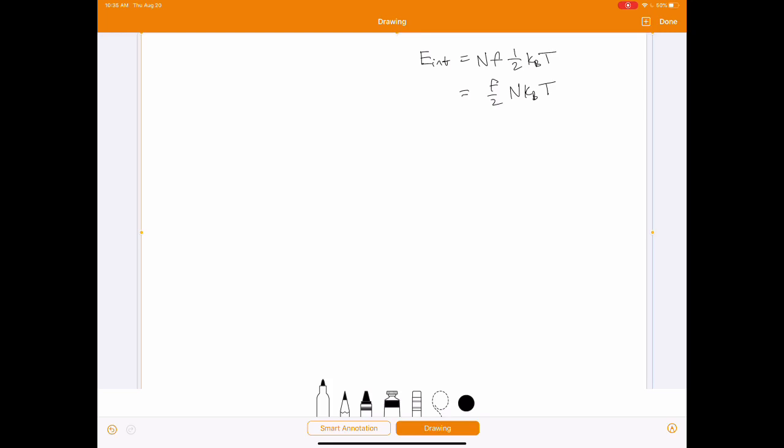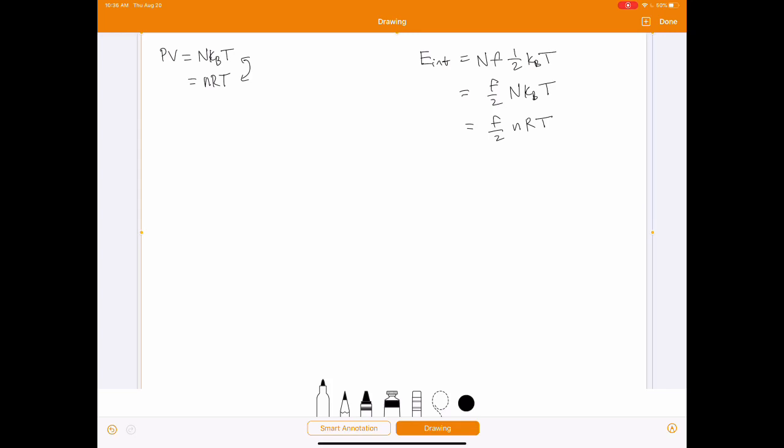Well, remember from the ideal gas law that PV can be written as NkT, but equivalently, we can write this as nRT. So in other words, capital N times kT is the same as lowercase n times RT. So I can write the internal energy as F over 2 times lowercase n RT like this.